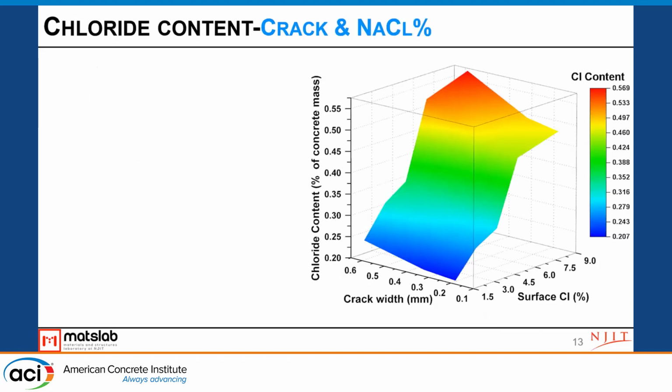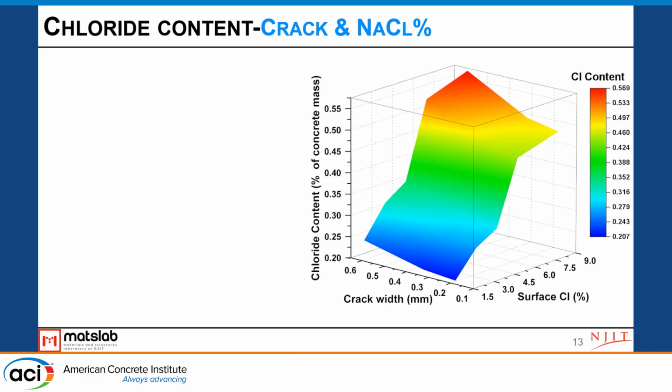So if we plot all this series of different chloride concentrations and crack widths in the same graph here, we can see, for example, if we look at a specific surface chloride concentration, at 1.5% surface chloride concentration, the slope we get is relatively small.